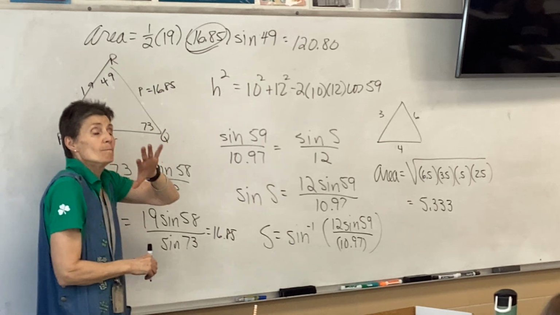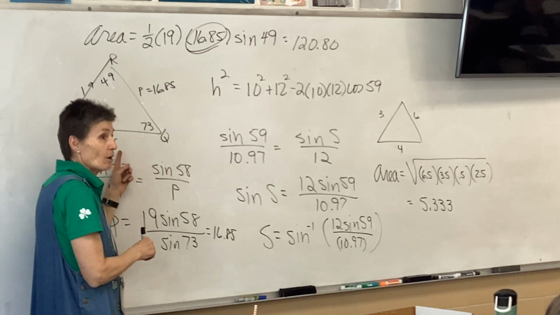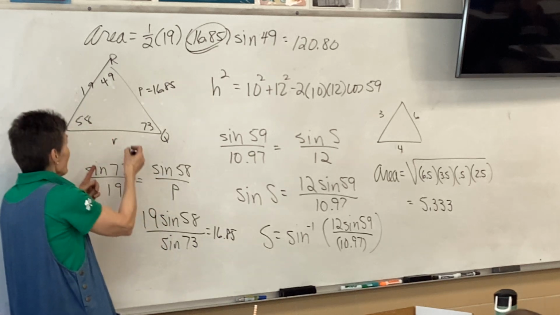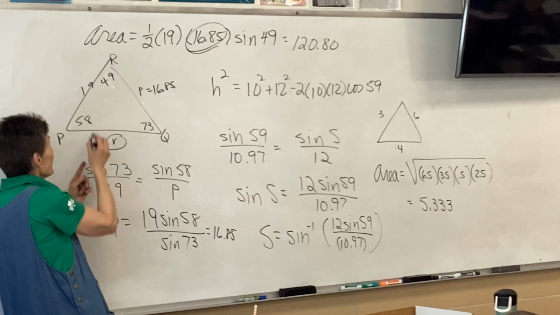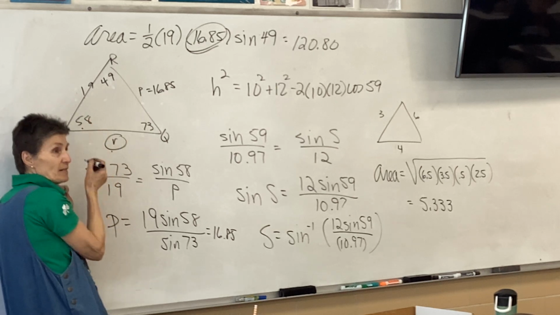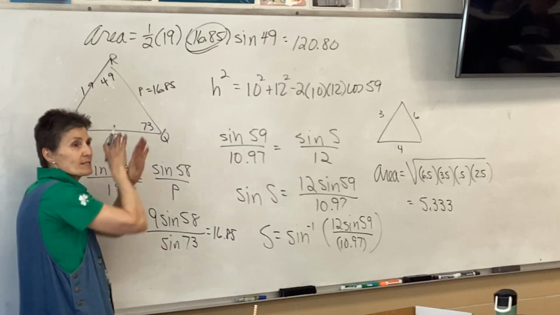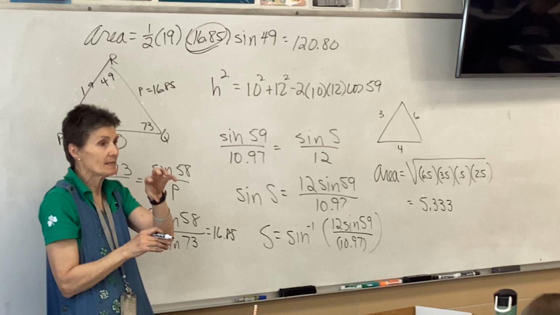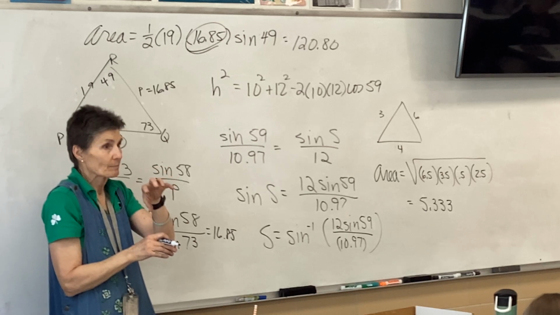Now, remember, some of you wanted to find side R, and that would be okay, you would find it the same way, but then your area would be 1/2 times 19 times this times sine 58. Whatever side you're using, you must choose the angle that is in between them.